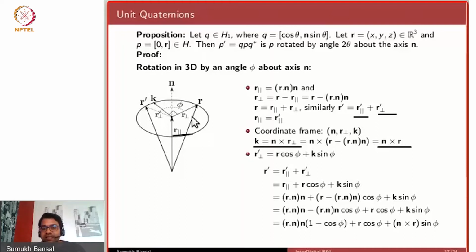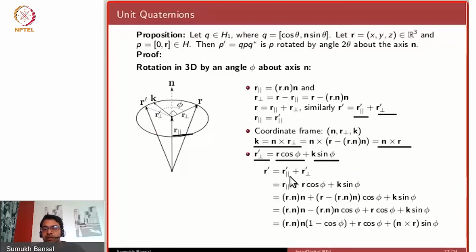Now, using this coordinate frame, we can write r dash perpendicular as r perpendicular cos theta plus k sine theta, which is using basic trigonometry. So you project one component on the r axis, and then you project another component on the k axis, and you get your decomposition.